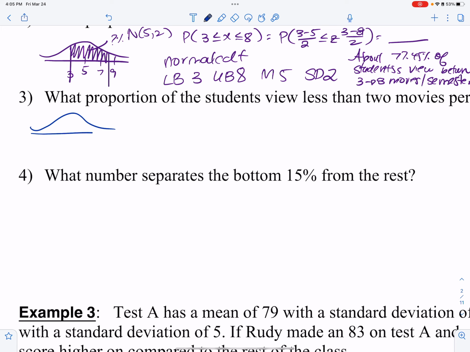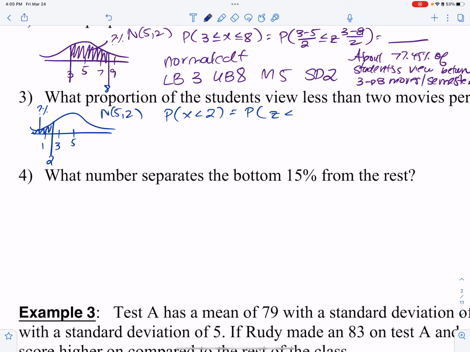What proportion view less than 2? Oops, sorry, that's a 2. Probability that x is less than 2.